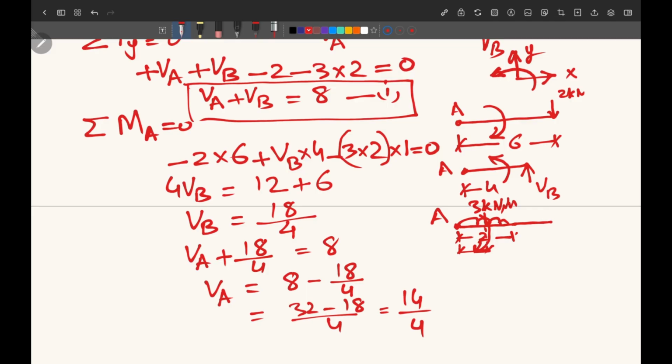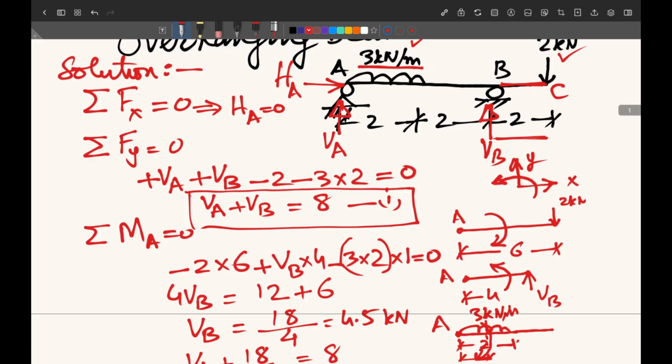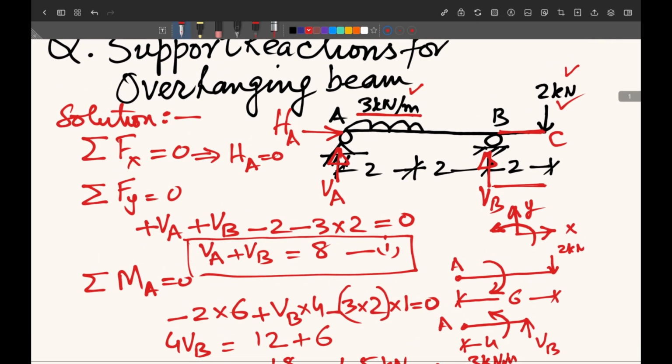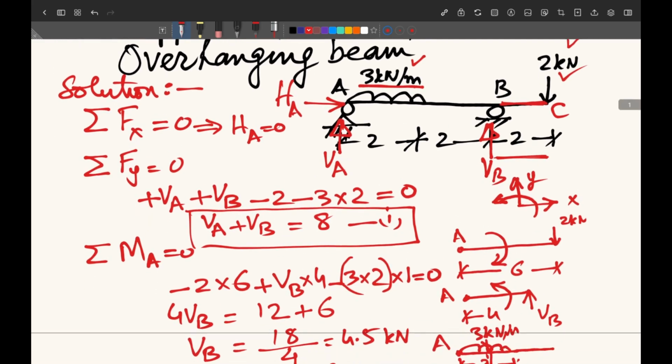So this way we get, if you want, you can also simplify. This will be 4.5 and this will be 3.5 kilonewton. So this way we have calculated the reaction. So you have found that here also we are applying these equations of equilibrium for the calculation of support reactions.